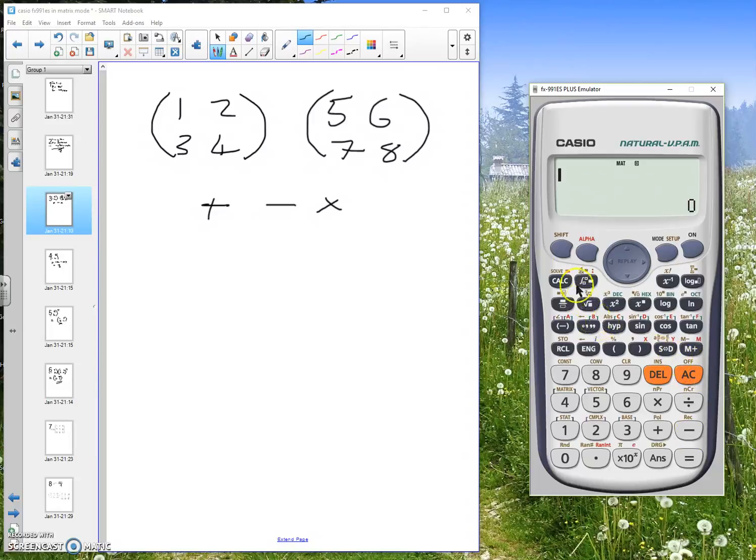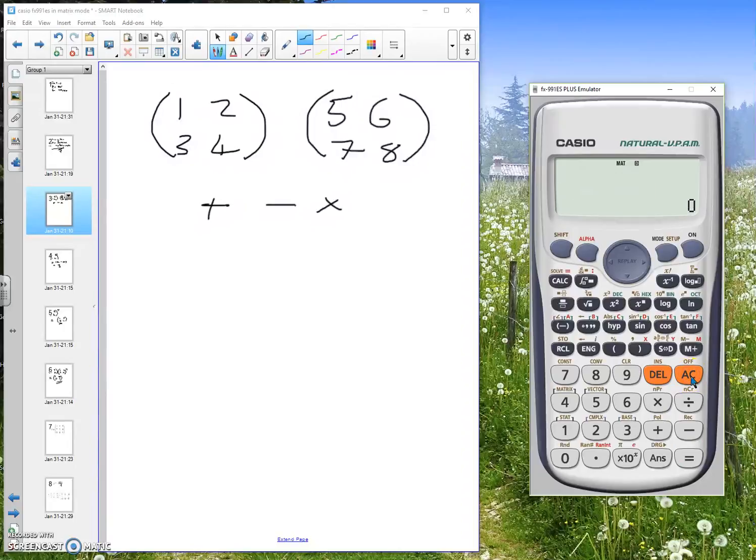I can also subtract in the same way, shift matrix 3 minus shift matrix 4, matrix B, and I get negative values from subtraction.